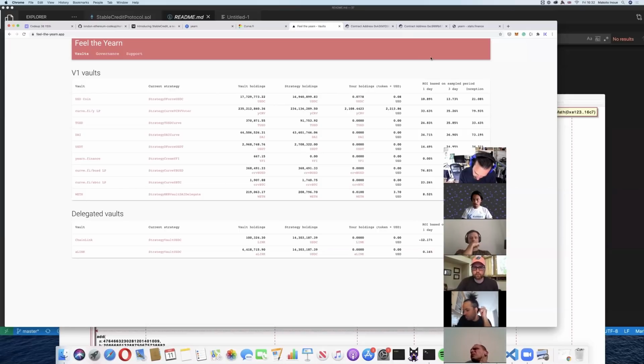One is they can only be triggered by an externally owned account, so it can't be a contract that triggers them, to stop the flash loan front running exploit. Number two, of the 5% fee that currently goes to treasury, the gas cost is subsidized to the harvester, so the external account that triggers the harvest gets the gas cost covered plus a little bit extra. And then it's just based on first come, first served who actually triggers the harvest.